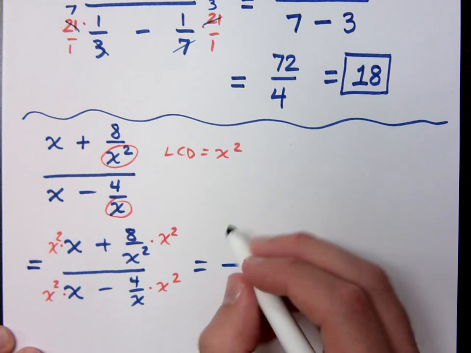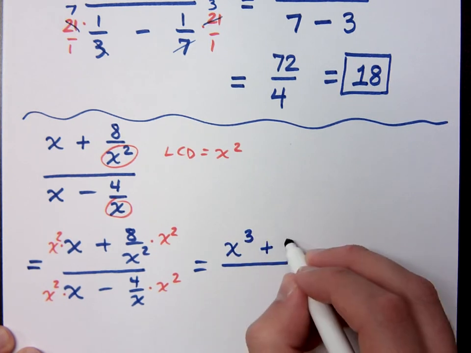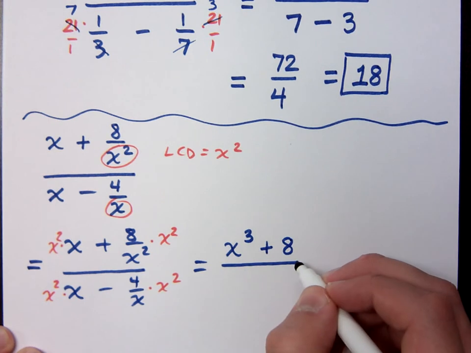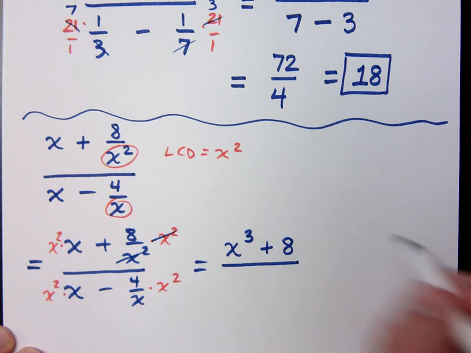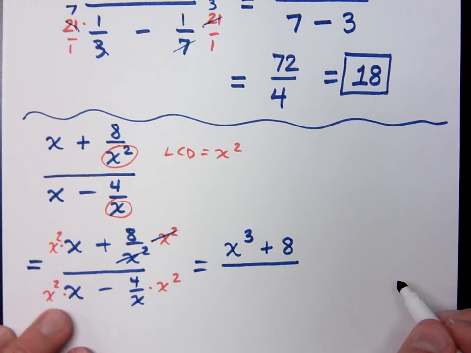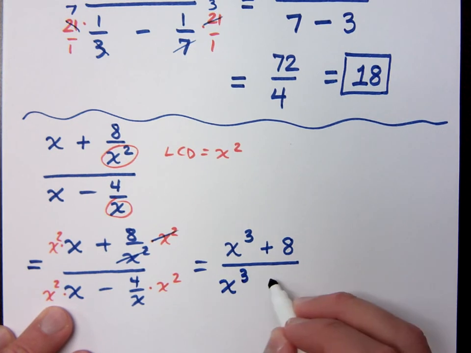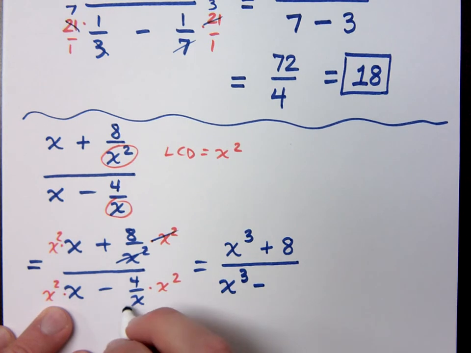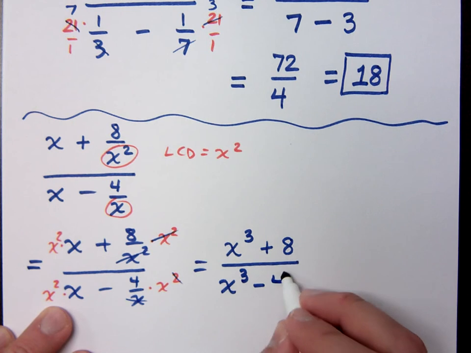X cubed. It's x to the third plus what? 8. Not 8x squared, because the x squared and the x squared reduce. It's just 8. What's in the denominator? X cubed. X to the third minus 4x. This one x cancels with one of those x's, so I just have 4x.